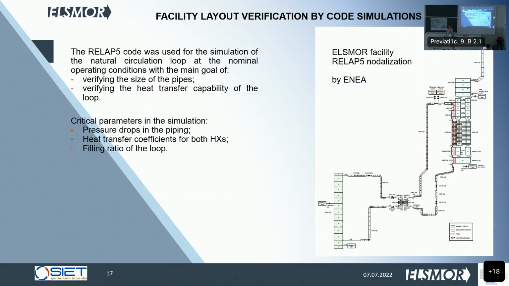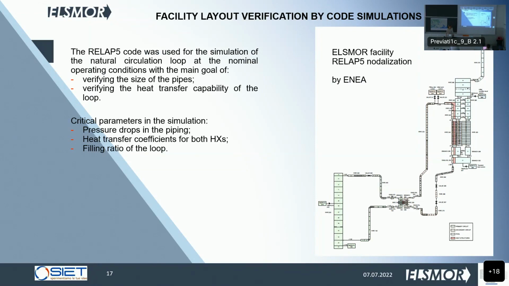Actually, ENEA did this simulation for us because when we were designing the facility, first we made a guess of tube diameter and tube layout with bends, elbows, valves, and orifices that are all installed in the facility.